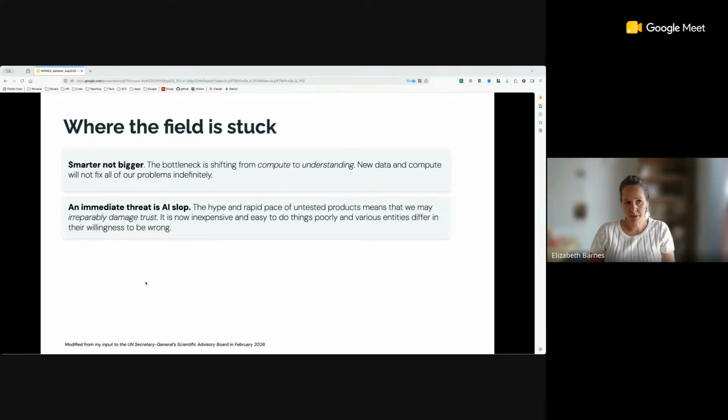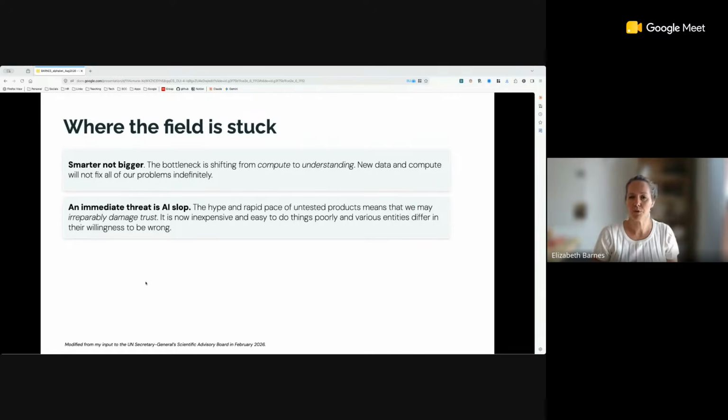Especially for weather and climate, where trust is so essential to someone being willing to leave their home to evacuate or go into a basement because of severe weather hazards, having a bunch of AI slop come out would be a huge problem. So the hype and rapid pace of untested products means that we may irreparably damage trust.